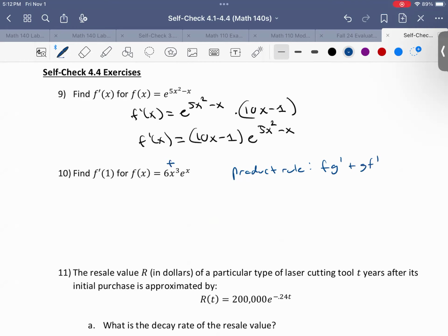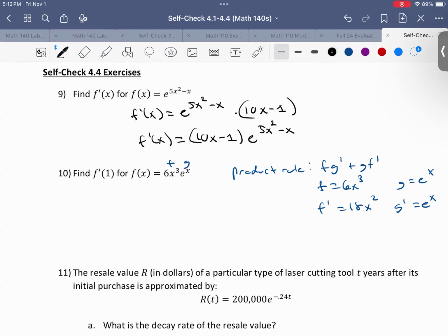So f could be 6x cubed, g is e to the x. So here, f is 6x cubed, f prime is 18x squared, g is e to the x, and the derivative of e to the x is just itself, e to the x.